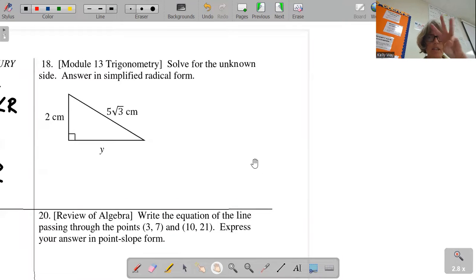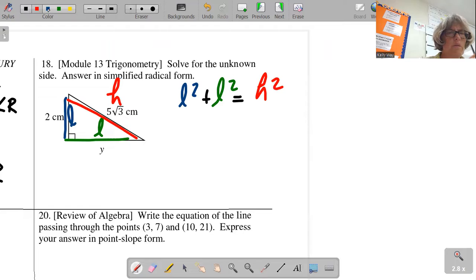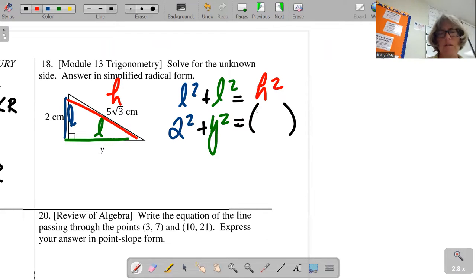Have two sides, need a third side, Pythag. So leg squared plus leg squared equals hypotenuse squared. So I have 2 squared plus y squared equals parentheses 5 root 3 and square it.